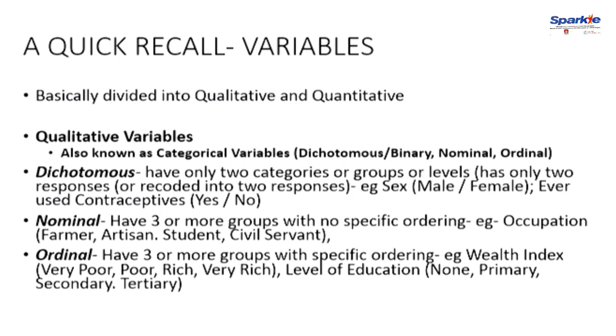Artisan, student, civil servant. No specific ordering. But when it is ordinal, it has 3 or more groups with specific ordering, like wealth index. You go from very poor to very rich. Level of education, you go from none to tertiary. Can you give another example here of a variable like that?